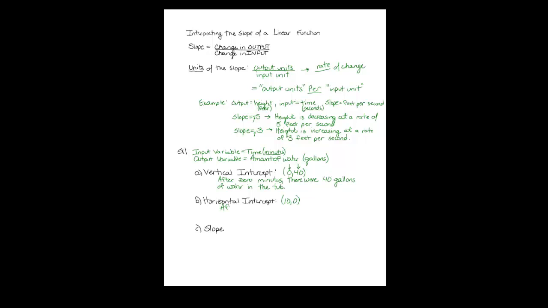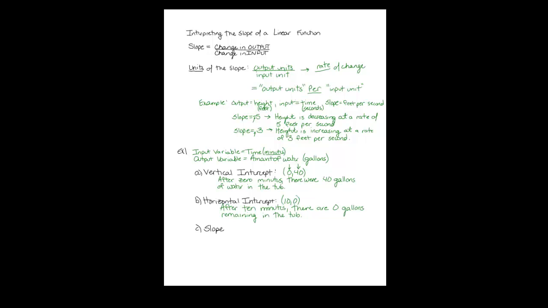So after 10 minutes, there are 0 gallons remaining in the tub. And there's a number of ways to do this. You could say after 10 minutes the tub is empty, but somehow indicating that you understand what both the input and the output value represent with regard to the water in the tub.